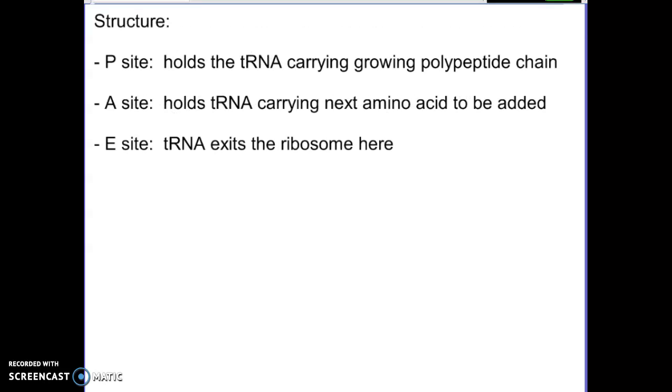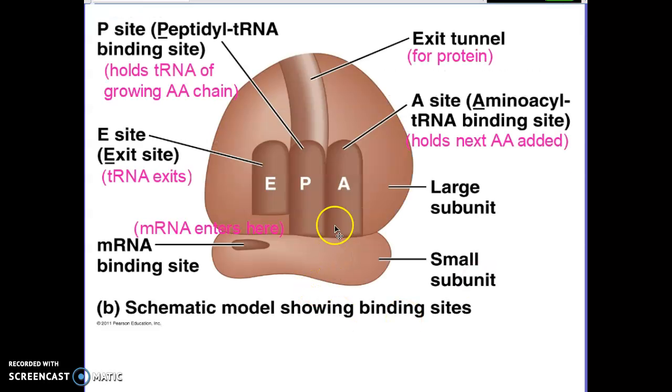Okay. All right, so here's something new too. I want to show you the sites that are inside the ribosome. Now, there's two ways to look at this. You can actually remember it as the EPA, like the Environmental Protection Agency, because the messenger RNA comes in from this direction, so it will hit the E site first, which makes no sense because that means exit.